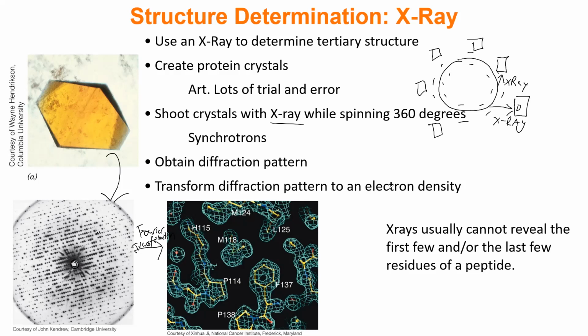And in a crystal, if I'm moving around and then I freeze, but there's like a million copies of me, my arms are all going to be in slightly different positions. And the only way to get a crystal signal is if the atoms are in the same position at the same time. So the short answer to why we can't see the last few peptides is that they have too much motion. But we can usually see everything else.